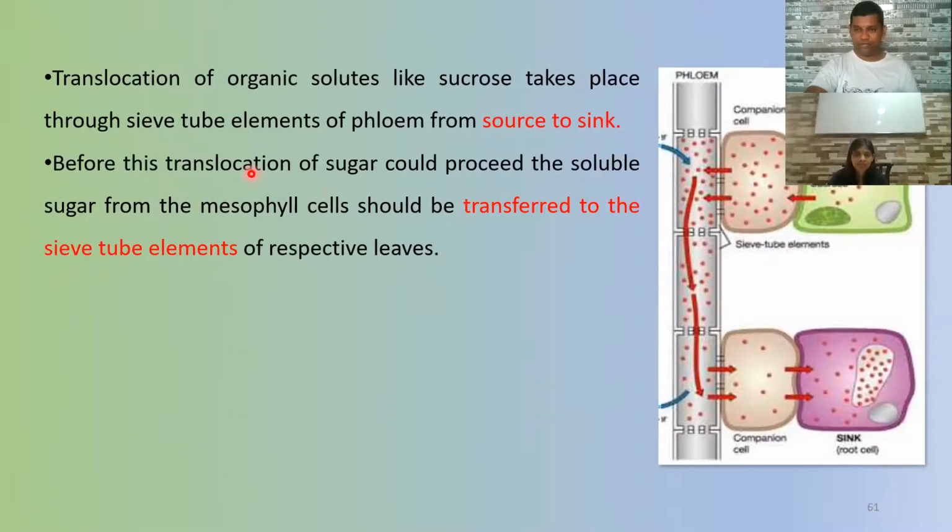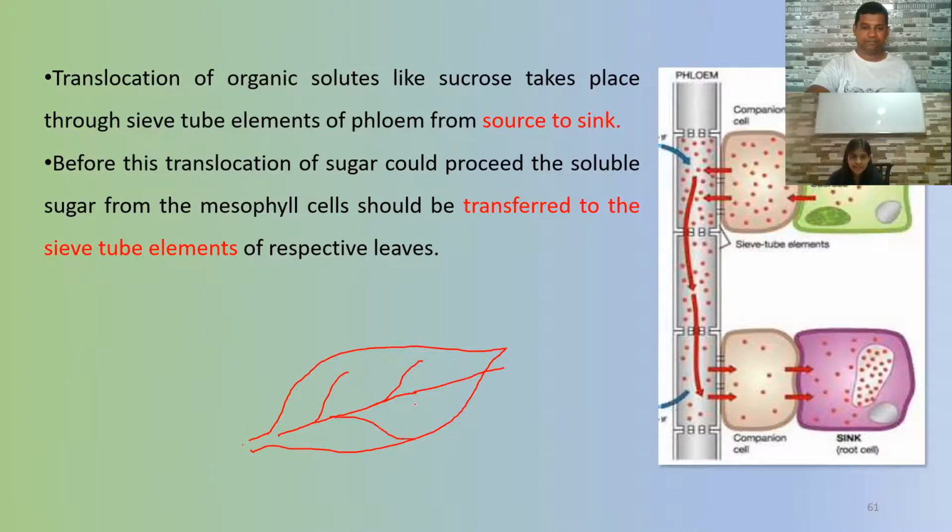Now, the main point is, imagine cells of the leaf. I'll show you this. Suppose ये leaf है, ये midrib का. And there are veins and veinlets.